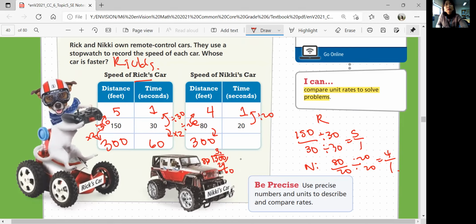So that's going to be 3.75 times. Right?